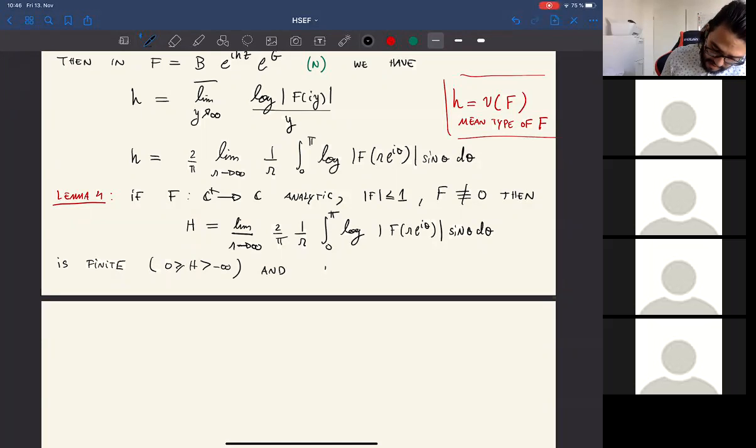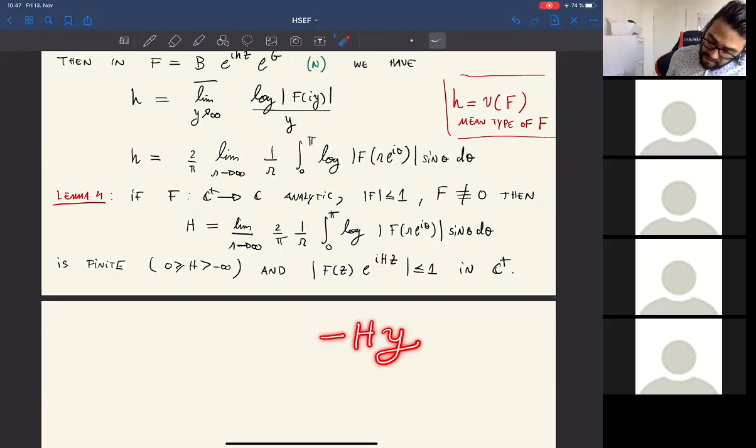And if I define this function here, then this function is still less or equal to 1 in the upper half plane. Note that when I define this function, I take the modulus, so only the real part of this matters, and the real part would be minus Hy, but H is negative.